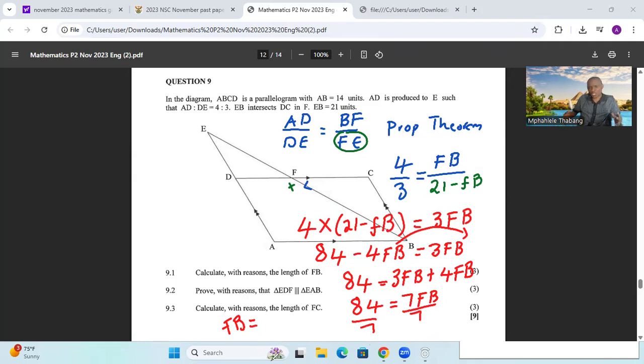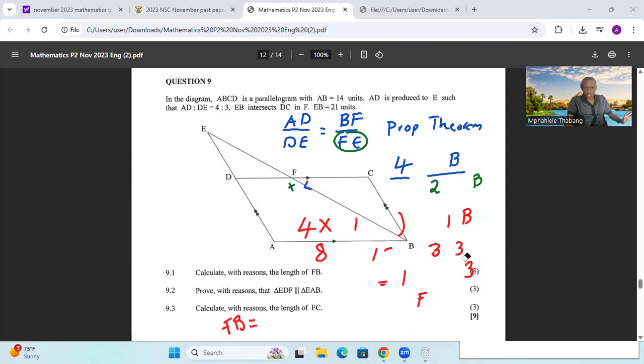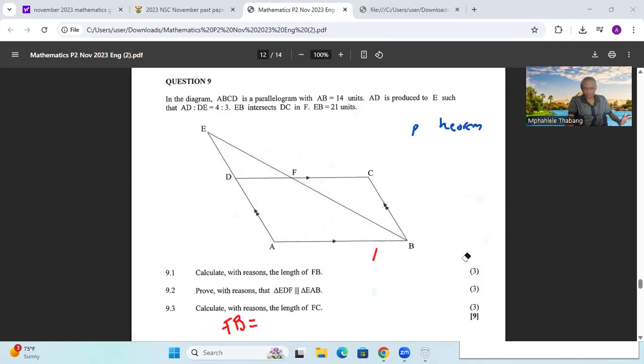The proportionality theorem was very helpful. So you go for the proportionality theorem whenever you see a line drawn parallel to one side of a triangle. For the last time, let me show you the instances where you use the proportionality theorem.